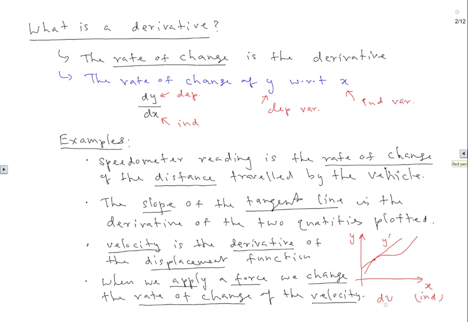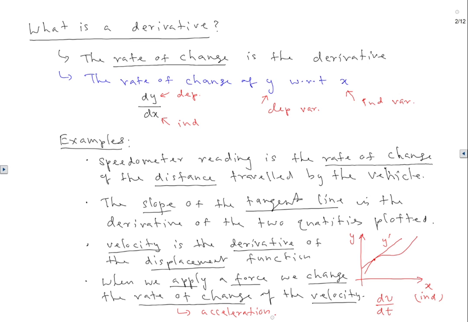If v is the velocity, we're going to change the rate of change of the velocity, dv by dt. We normally call this a, the acceleration. So we change the acceleration. These are the kind of examples that we see as the derivative.